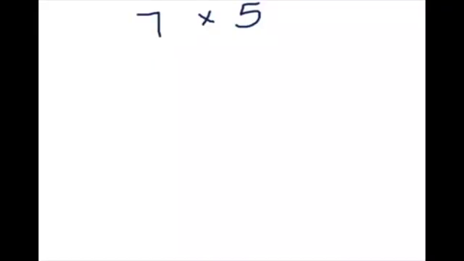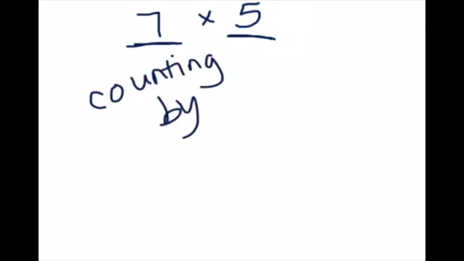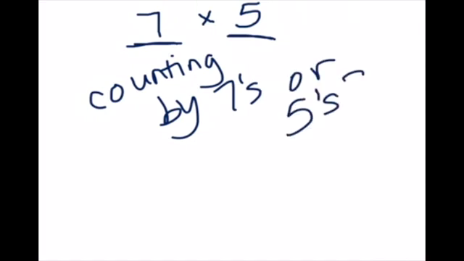So with this counting by strategy, I have to ask myself when I see a problem, I'm going to look at the factors. In this case, we have a 7 and a 5. Am I more comfortable with counting by 7s or counting by 5s? And really that is up to you. It might be different for everybody.